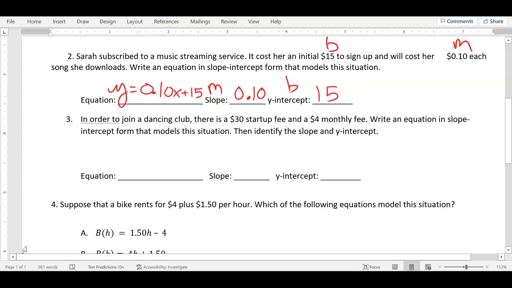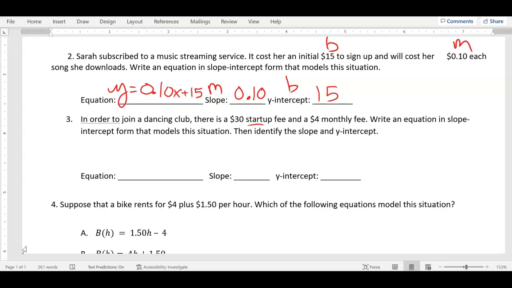Okay. Number 3. In order to join a dancing club, there's a $30 startup fee and a $4 monthly fee. Write an equation in slope-intercept form that models the situation. Then identify the slope and the y-intercept. Okay. So, what do y'all think? 30 is B. Why is it B? Okay. So again, I see these starting, initial, beginning, one time.